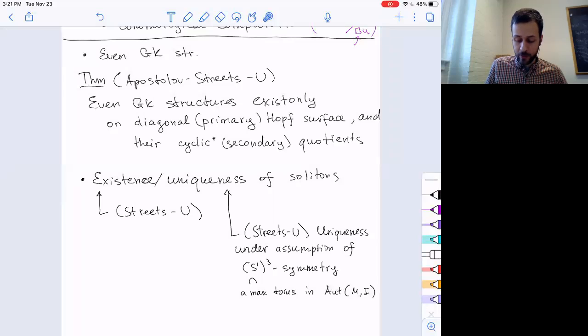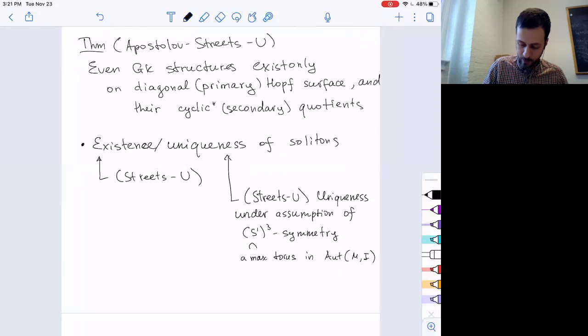So now the question is: if we have an even generalized Kähler soliton on a Hopf surface, why is it invariant under this maximal torus?